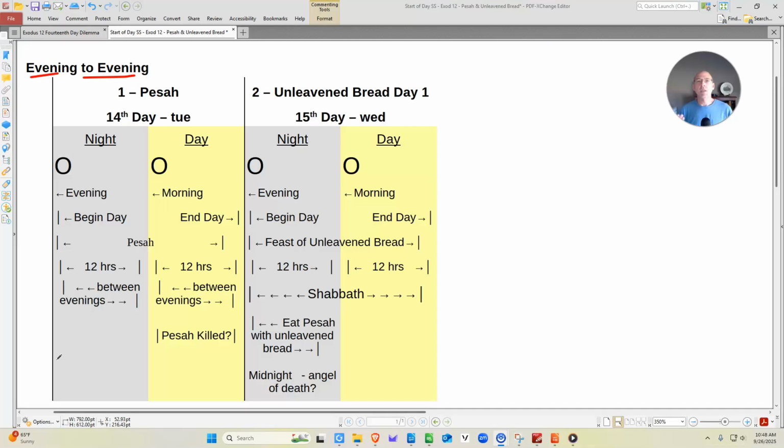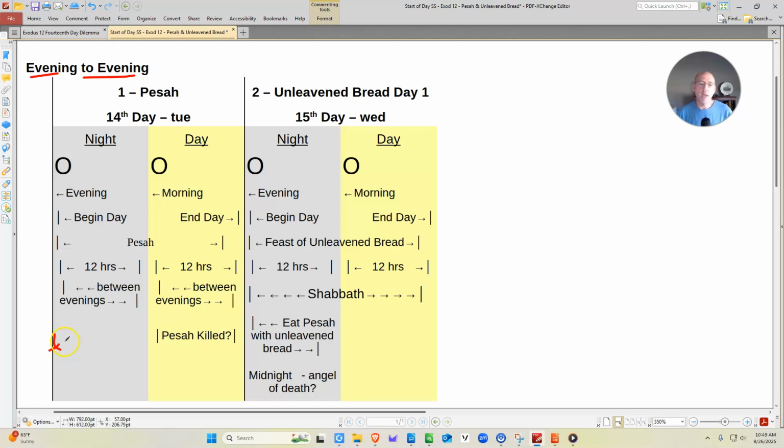Since evening is the very first thing of a day, what they're being instructed to do is to keep it until the day of the 14th and then kill it at evening. Well, if evening is first, they were being instructed to kill the lamb right here at evening, the very first part of that day.